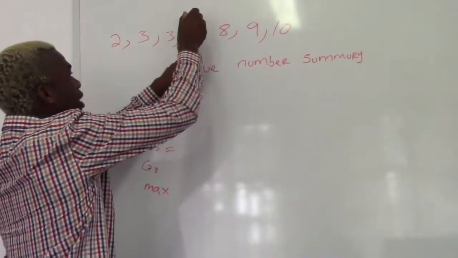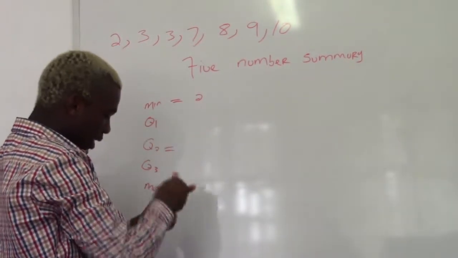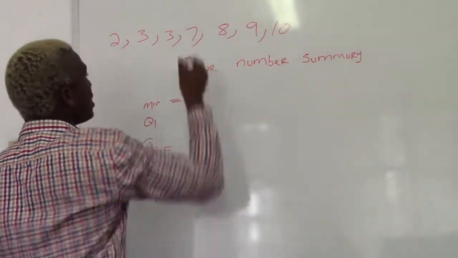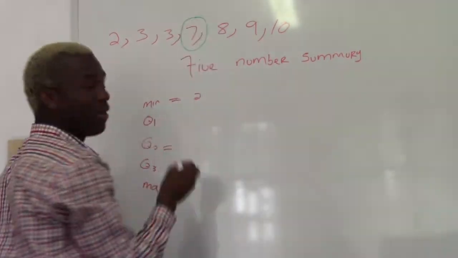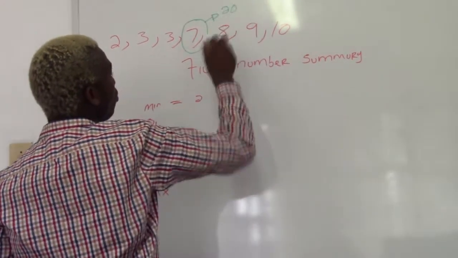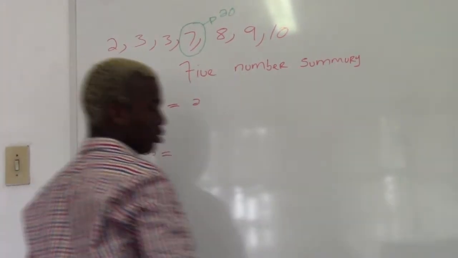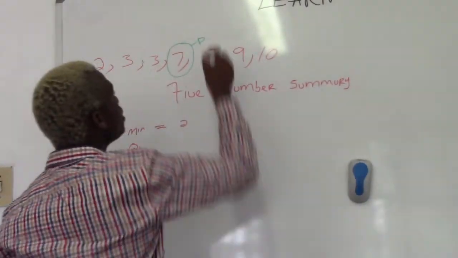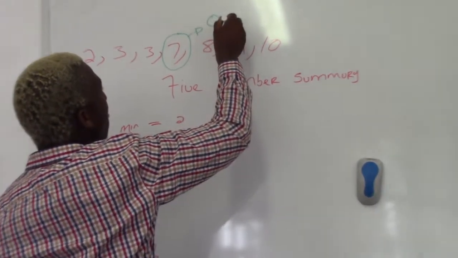So we have found that the middle number of our data set is 7, which is Q2.